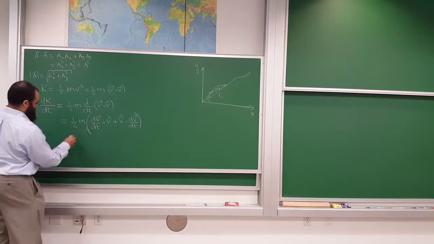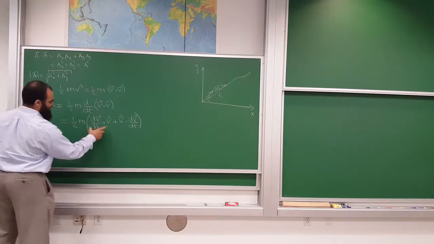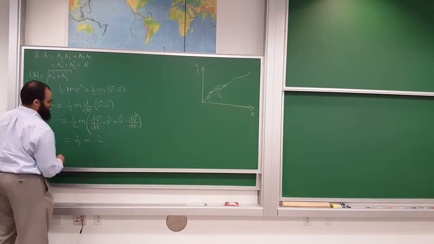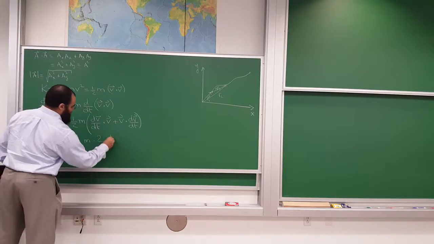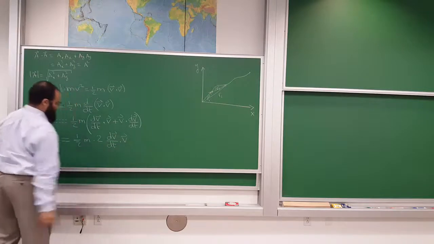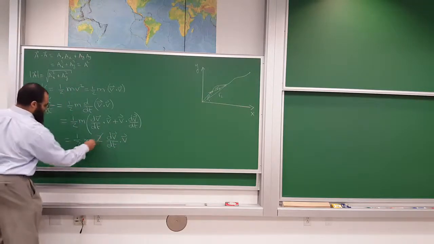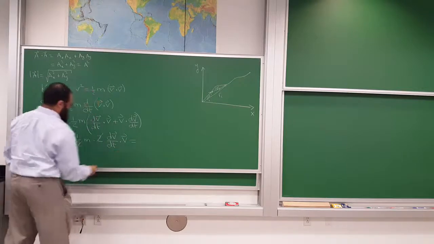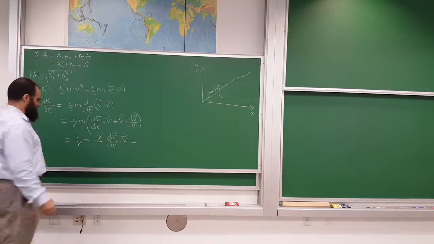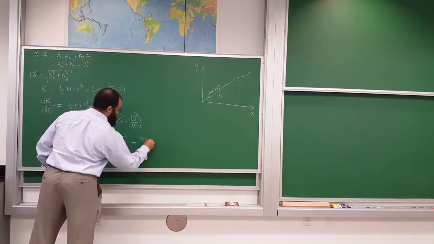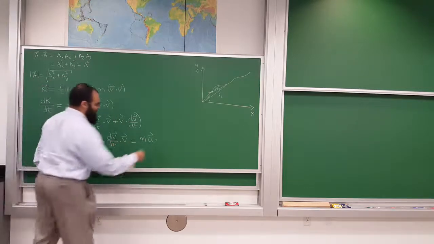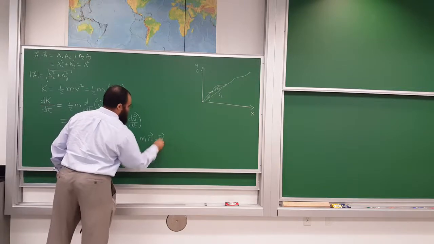So this would be 1/2 of the mass times twice this quantity, dv/dt dotted with v. The two cancels, and what do you get? m times dv/dt. dv/dt is the acceleration. So that's the mass times acceleration, dot product with v.